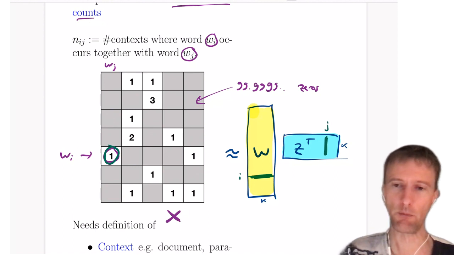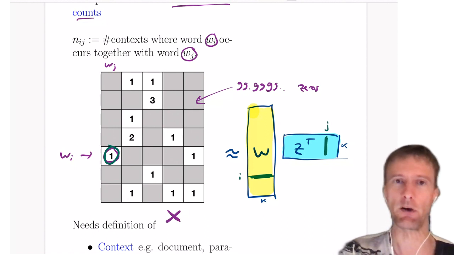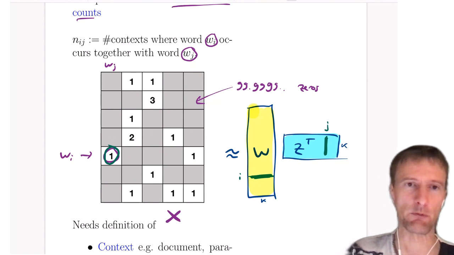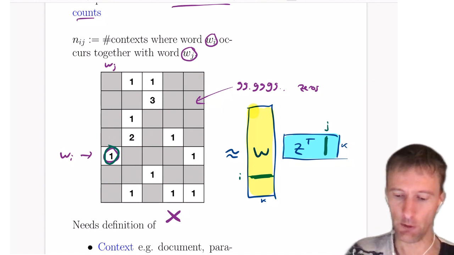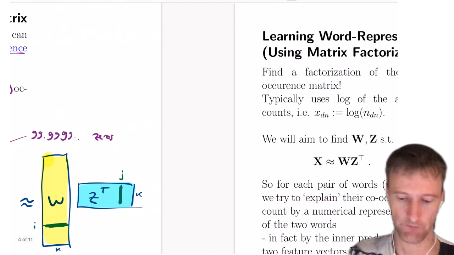By learning these patterns which are already there, using them as your labels, this is sometimes called self-supervised learning. And the learning is to find this W matrix and the Z matrix.